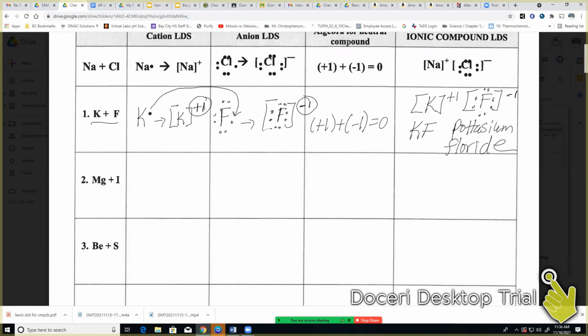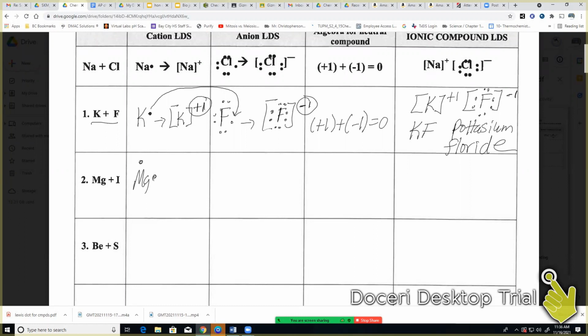All right, so that's an easy one. Obviously, they're not all going to be that easy. So let's look at a couple of other things that might happen. So here I have magnesium and iodine coming together. All right, so how many valence electrons does magnesium have? 2, exactly. So it has 2.